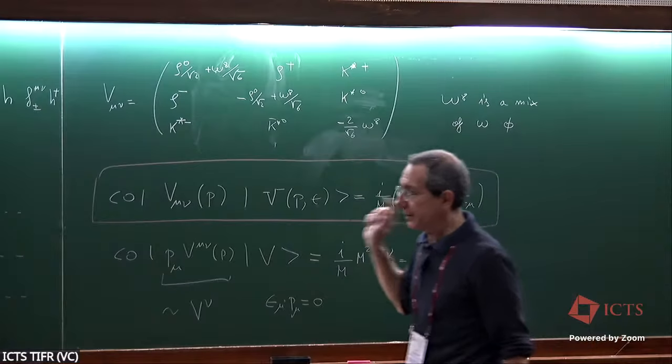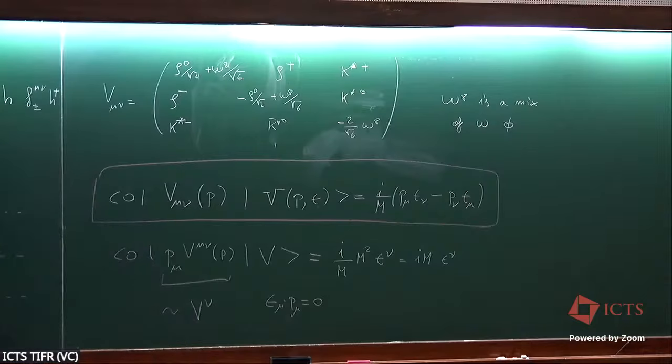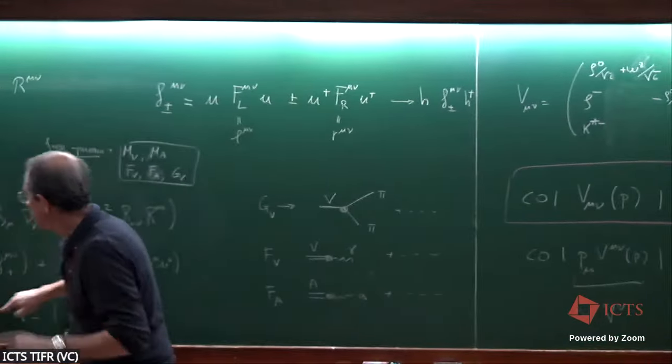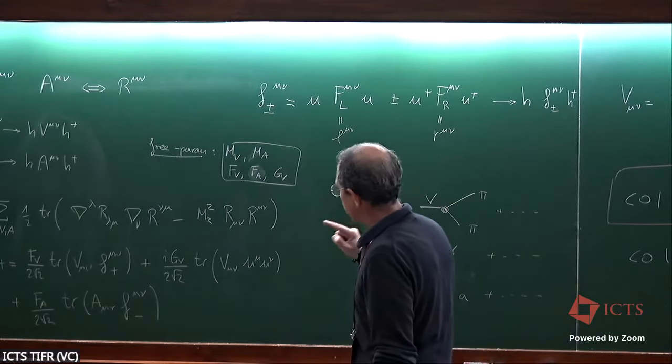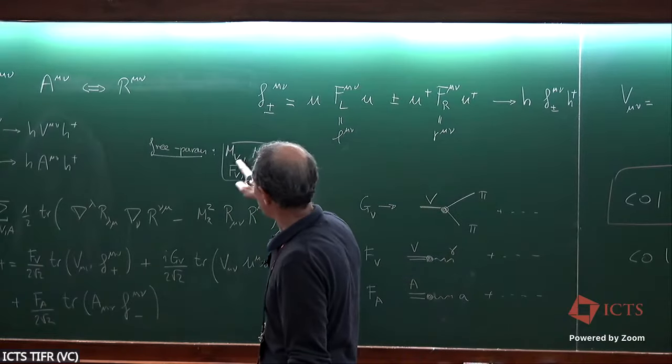Then I want to treat the coupling of this state with the photon. This is a free parameter, and this will be my FV. Thanks again for the question. Let's look at the way I define all these parameters. All these are dimensional parameters, they also have dimension of mass.